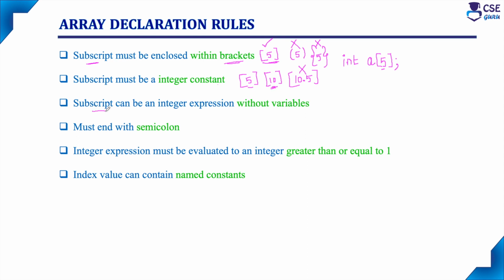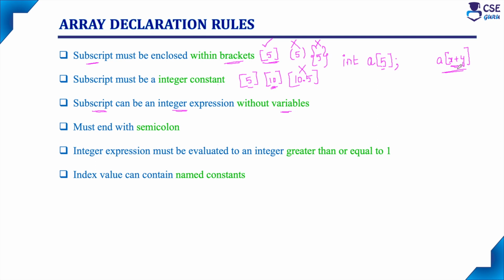The subscript can be an integer expression also, without variables, during declaration. Previously we discussed a of x plus y, but this we can use during execution, not during declaration. During declaration, you should not specify a variable or expression as a subscript.